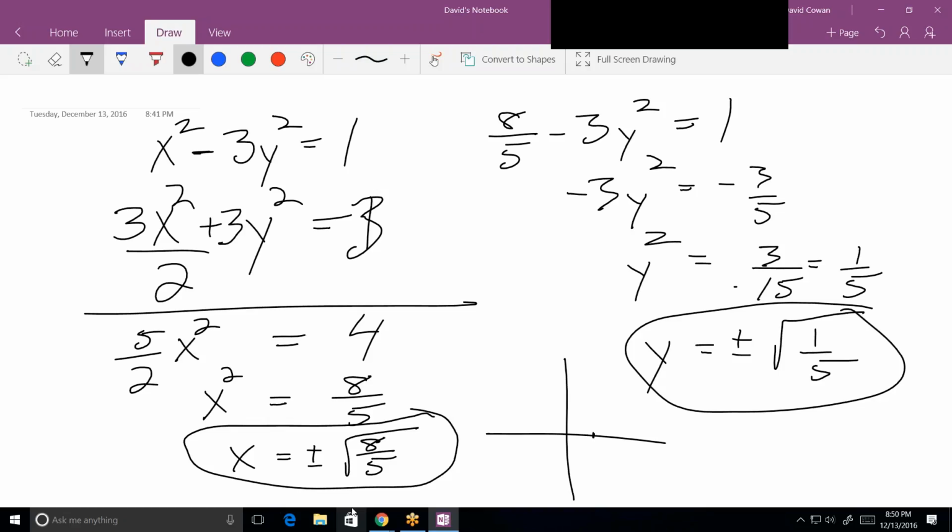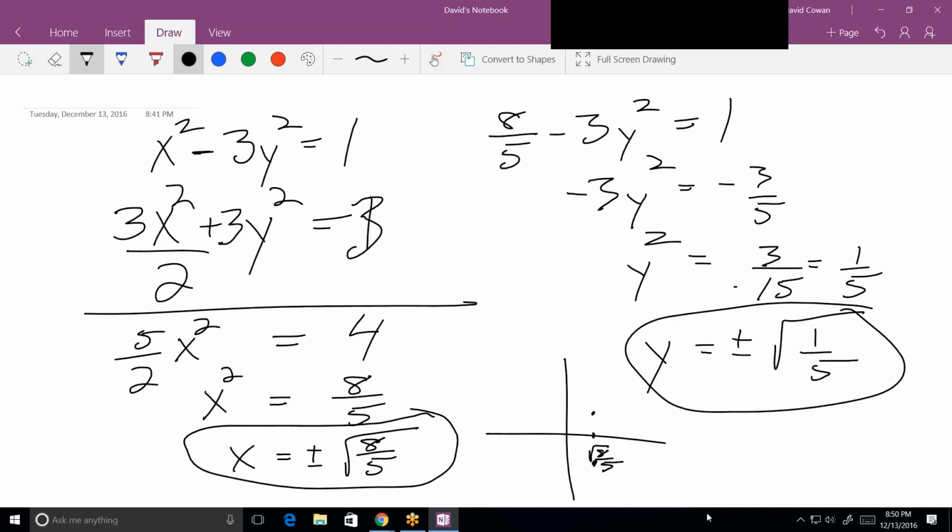We'll call that right there. And y is at 2 different places. Y is right here, and y is right there. In other words, when x is positive square root of 8/5, y is both of these.